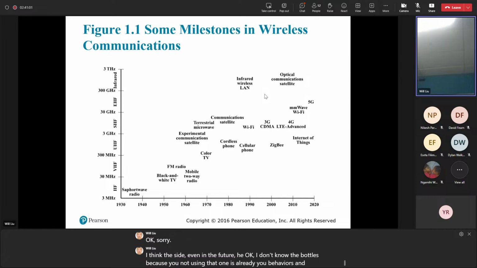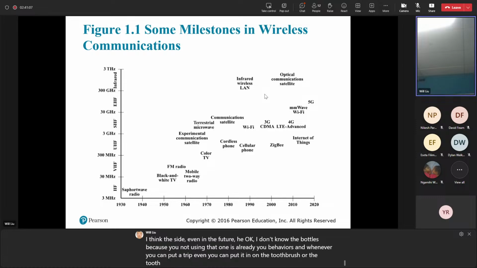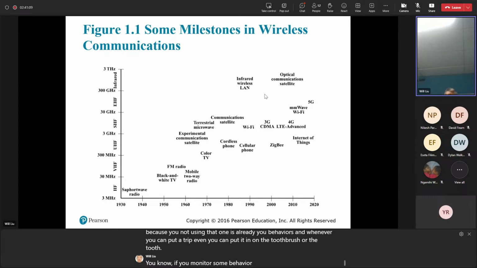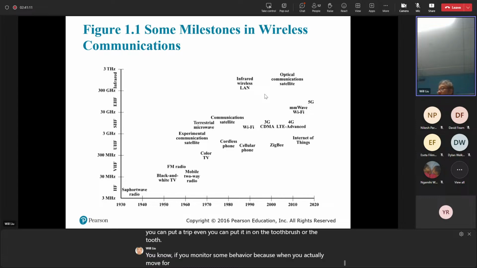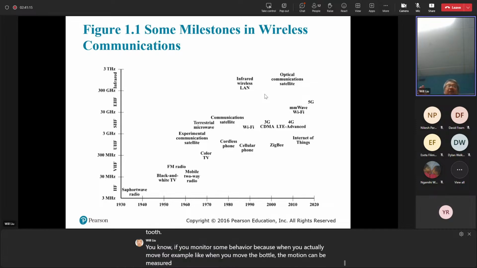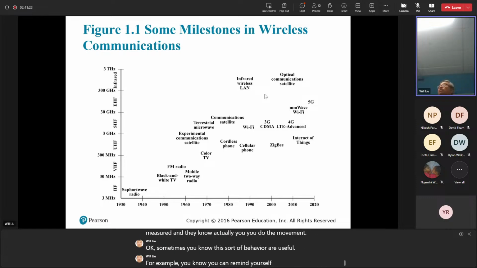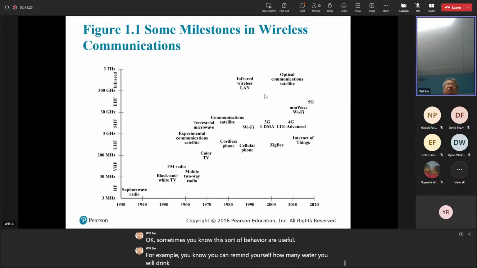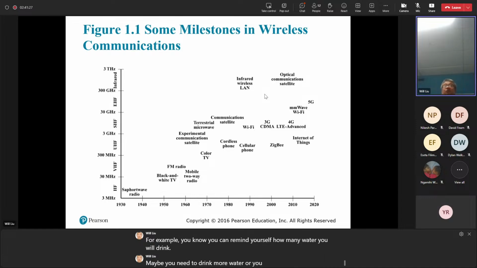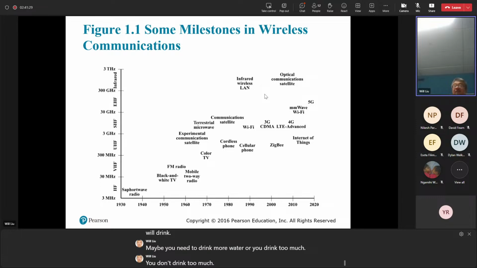Whenever you can put a chip, even on the toothbrush or the tooth, you monitor some behavior, because when you move the bottle, the motion can be measured and they know you did the movement. Sometimes this sort of behavior monitoring is useful. For example, you can remind yourself how much water you drink. Maybe you need to drink more water or you drink too much. Drinking too much water is unsafe as well.